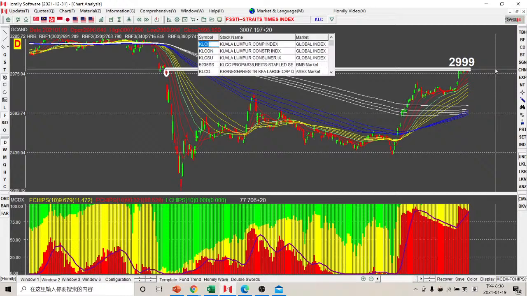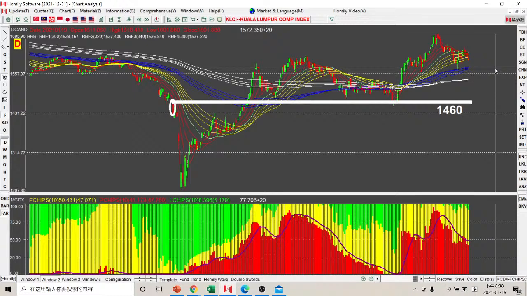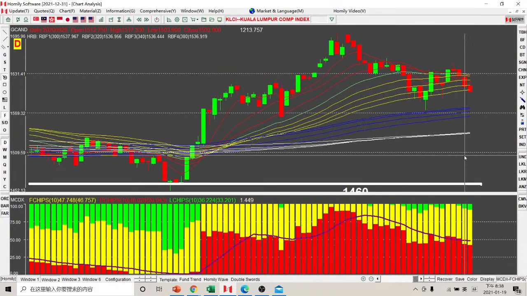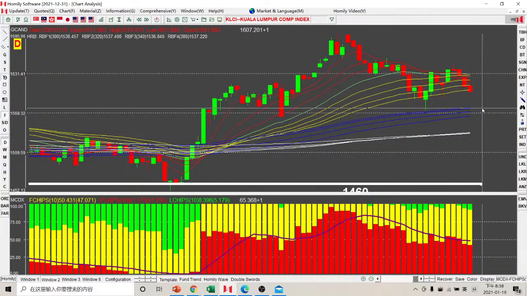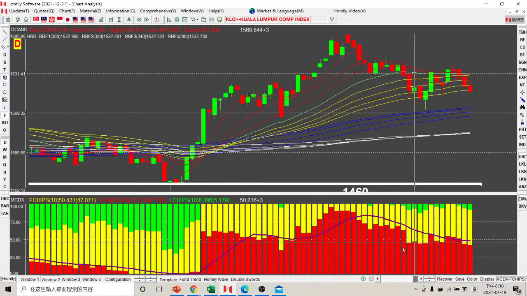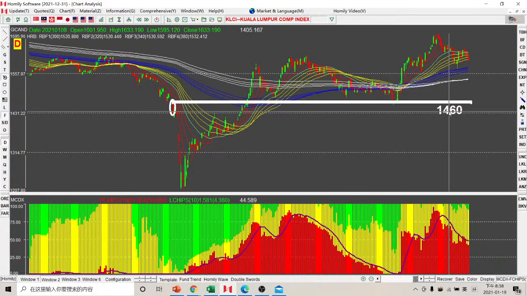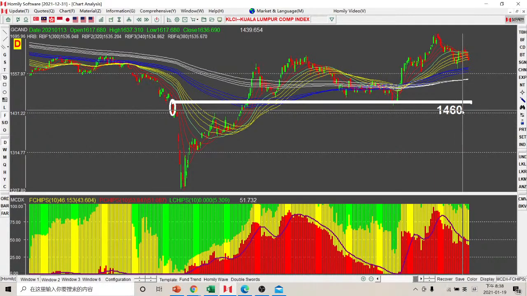For STI and the Malaysia market, they continue to pull back. It has been more than 1 month of continued pullback, and now the price is just struggling at the yellow line. If the yellow line breaks down, it will test the blue line and the white line support, but the last and most important support is 1460.